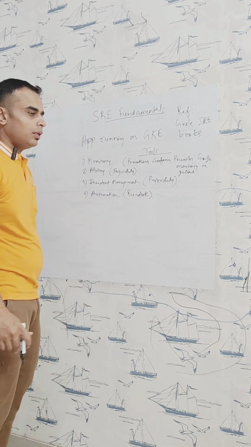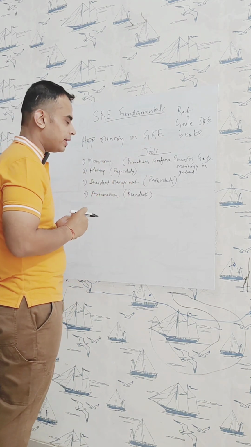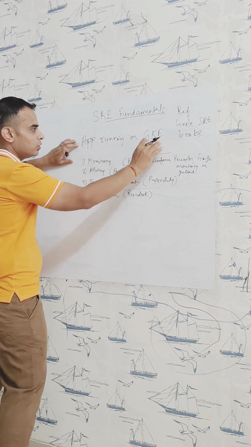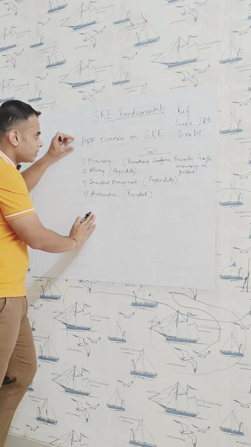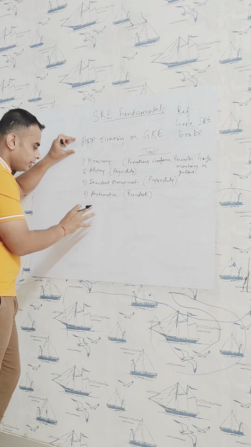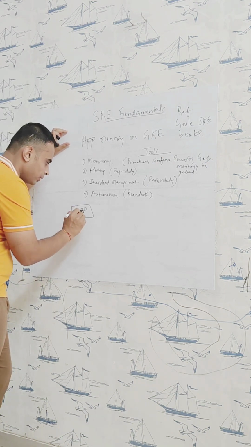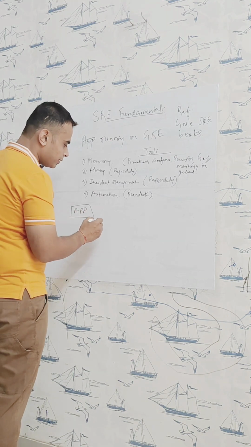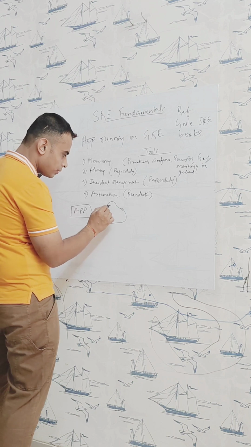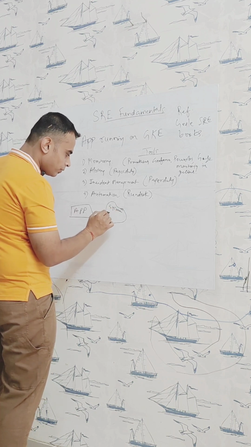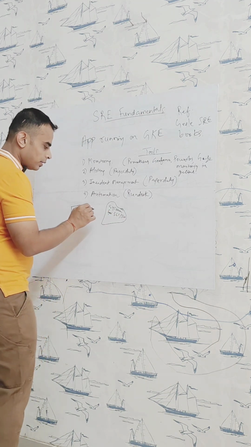So what we are building in the SRE world is this: let's say you have an app running on GKE and you need to perform these four different jobs. In the actual world, let's say this is my app. What you need to build is a system for SLI and SLO.